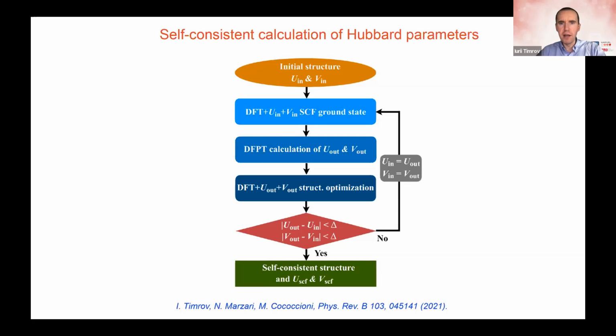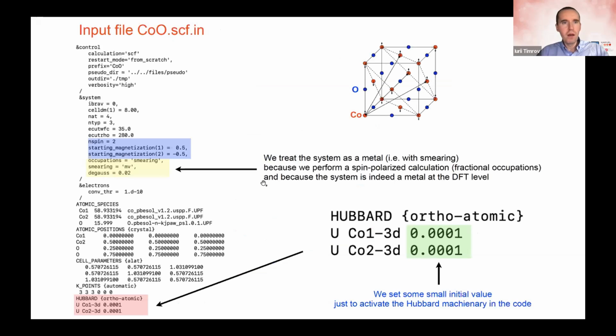This is from my lecture of this morning, so I don't want to repeat it again. This is just a reminder about the self-consistency cycle, how we compute U and V, and we'll try to apply it now for cobalt oxide. We know already the input file for cobalt oxide, so it's just a reminder from exercise 1. We need to first of all perform a ground state calculation using the PW code.